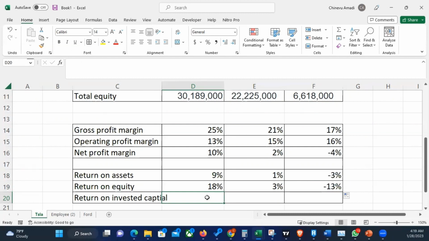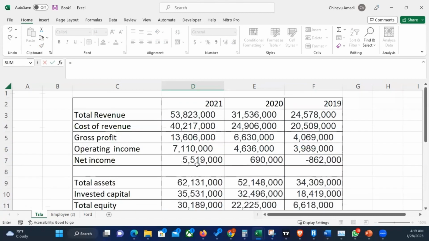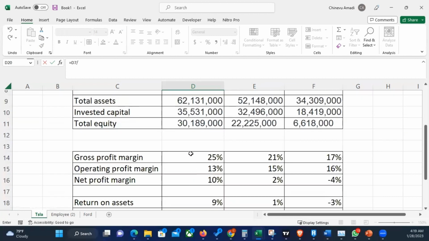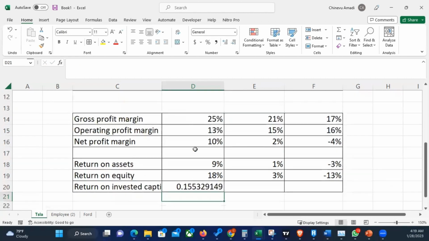Now, return on invested capital. There are basically two ways to invest in a business. Either you put in equity or you put in debt. If you put in debt, that means you lend the company money. There are also businesses that borrow money from institutions.